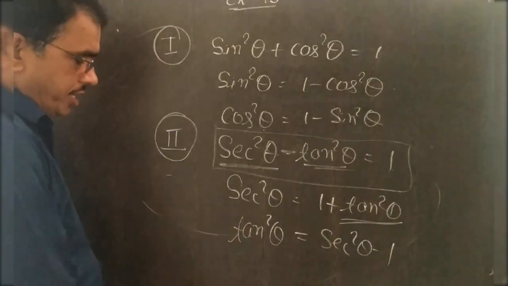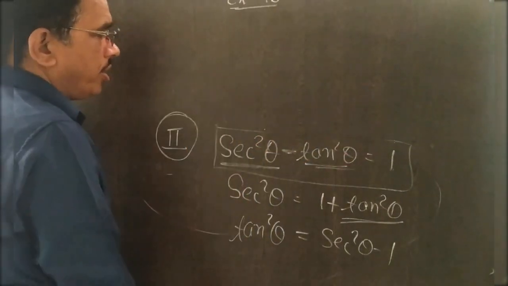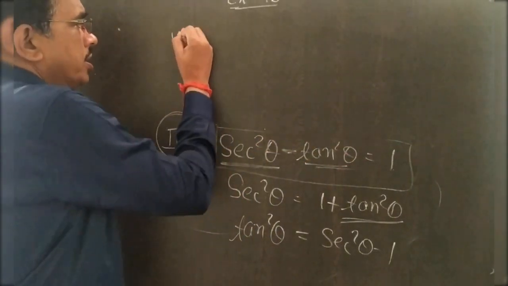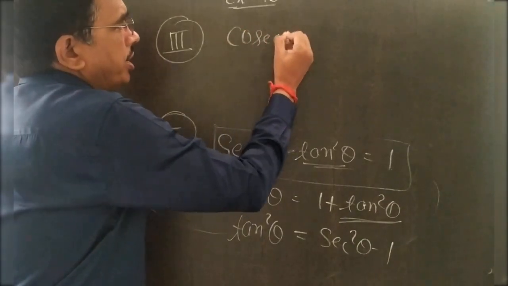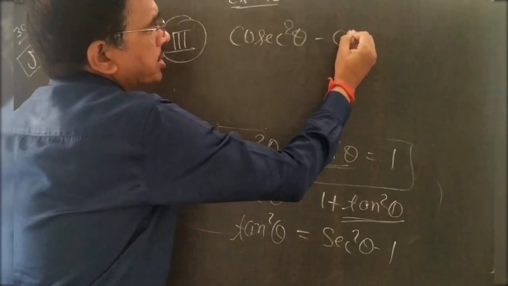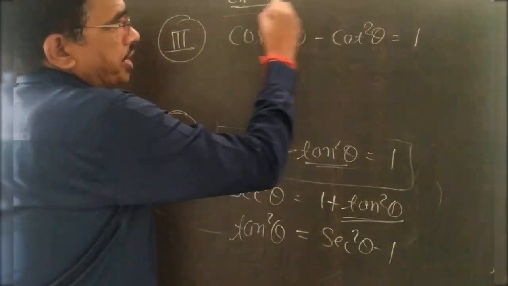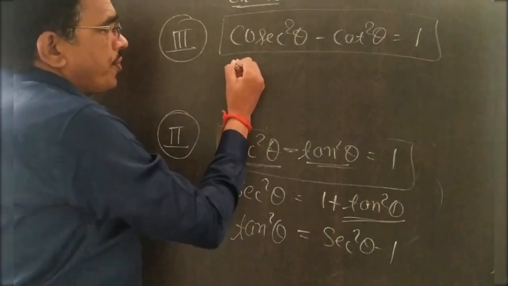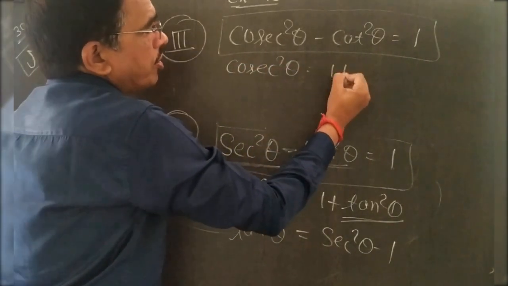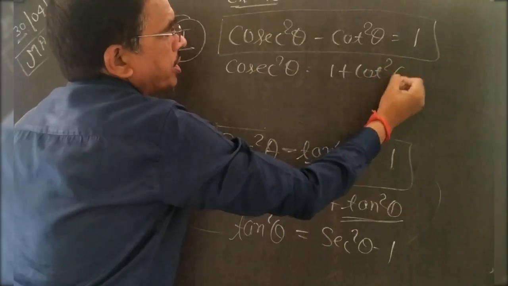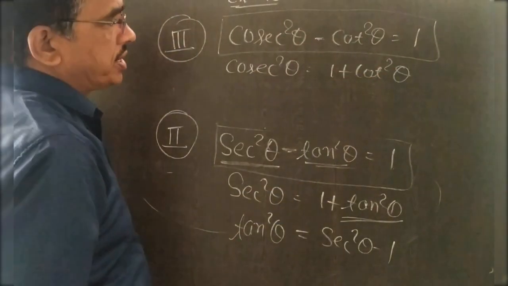Third identity: cosec square theta minus cot square theta is equal to 1. We write cosec square theta is equal to 1 plus cot square theta, because here is minus cot, going to that side, that is 1 plus cot.